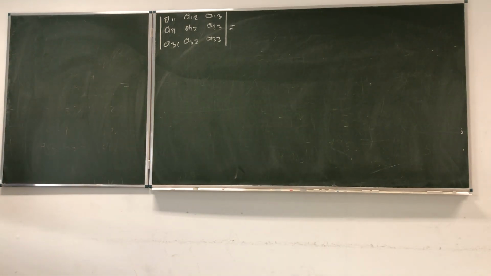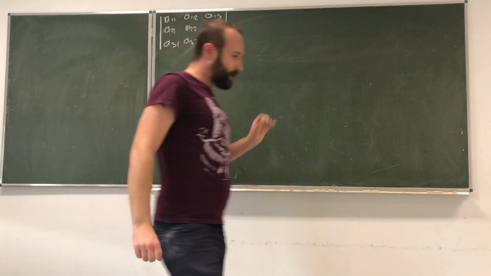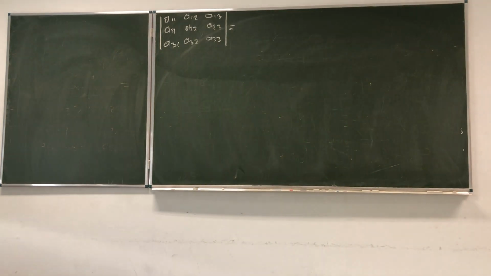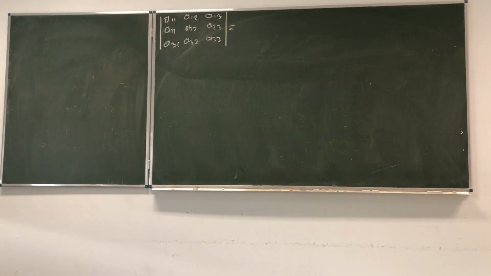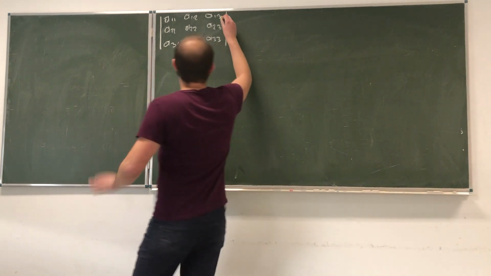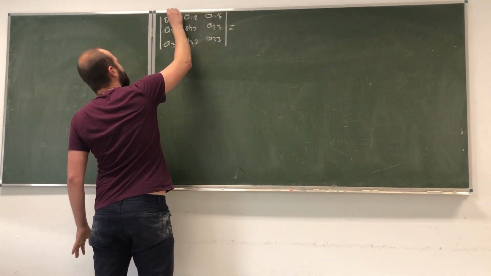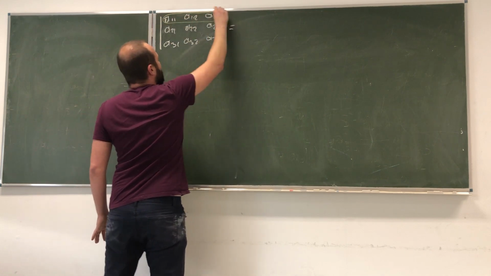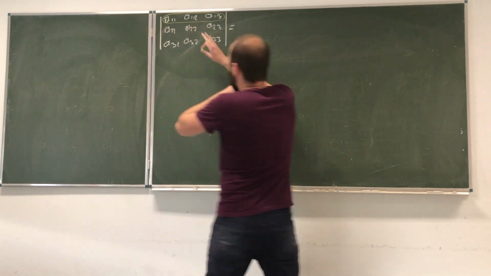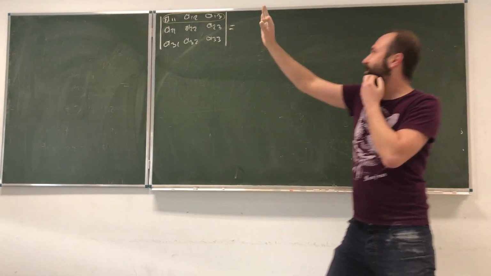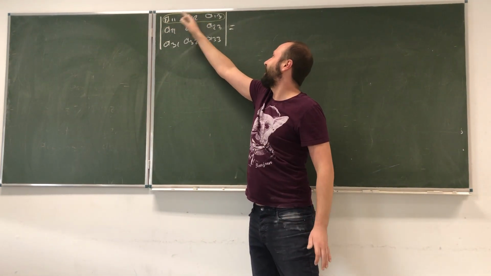Look. The entire idea of Laplace expansion is that we can choose any row or any column and perform expansion along the lines of a very specific procedure. Because we can choose any, let me first just choose the first row. So we are always expanding by the entire row.